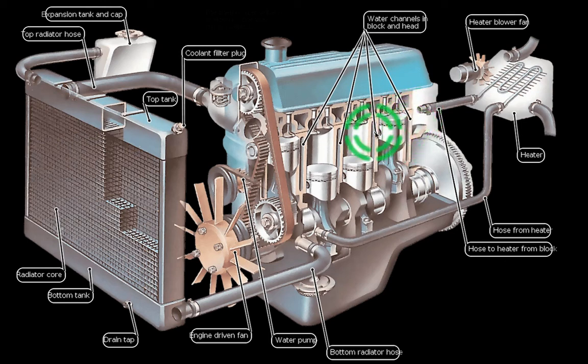Your water has to flow through this and cool this down, right? But how does the water cool this? Water absorbs the heat, so the water becomes hot. Now something has to cool down the water. What is that? That's your radiator, right?